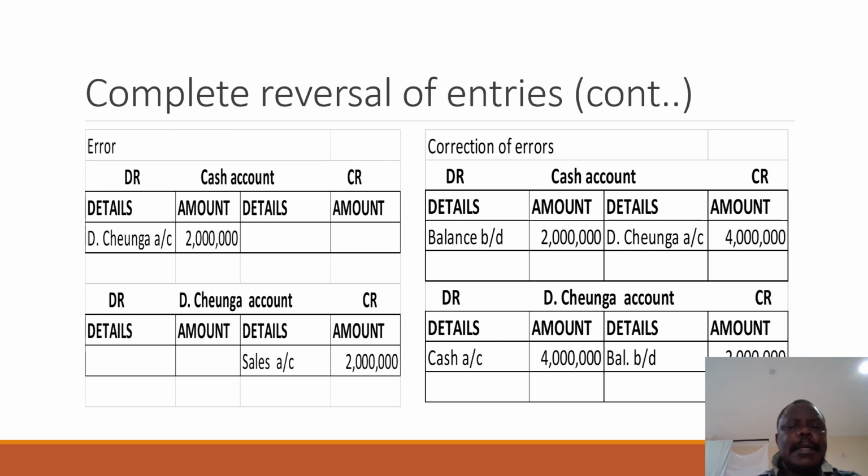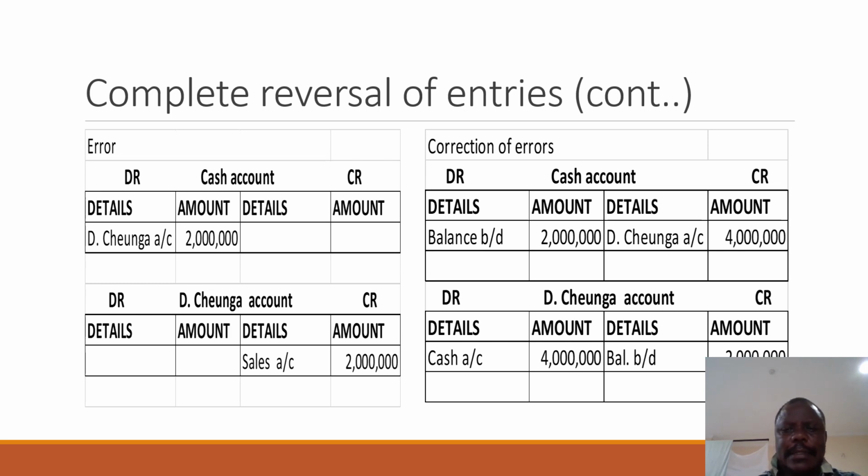Instead of crediting cash, we debited cash, and instead of debiting Cheuga account, we credited it. So what we are going to do is to double the amount, so that the first amount cancels the error and the second one remains in the correct position.